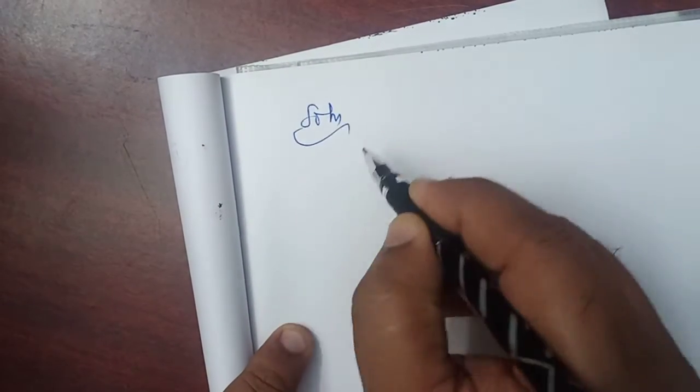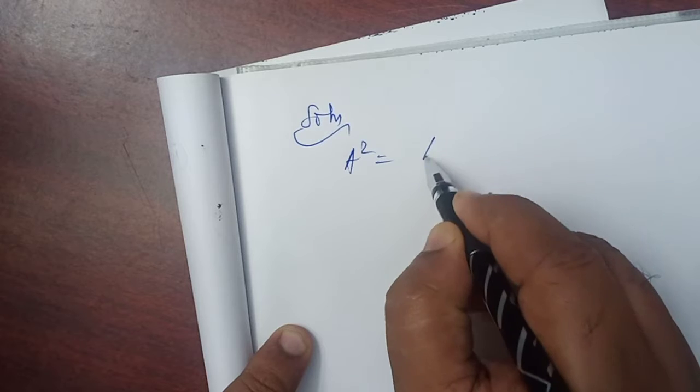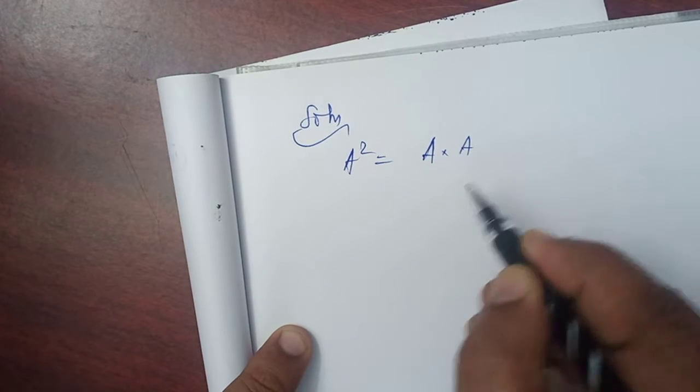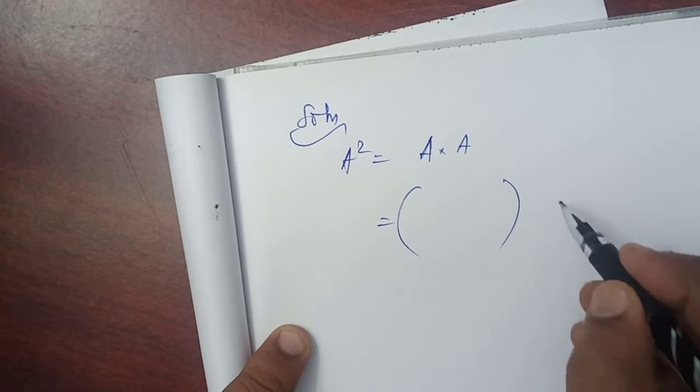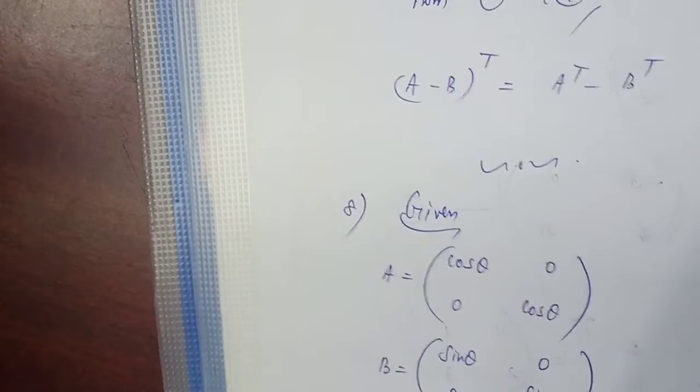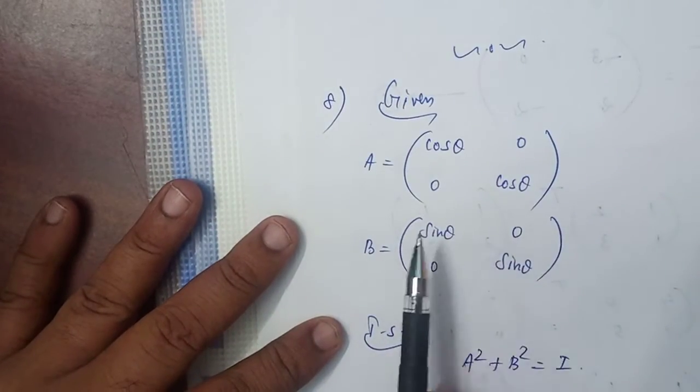Solution. A square is equal to A matrix into A matrix. A matrix, here it is: cos theta 0, 0 cos theta.